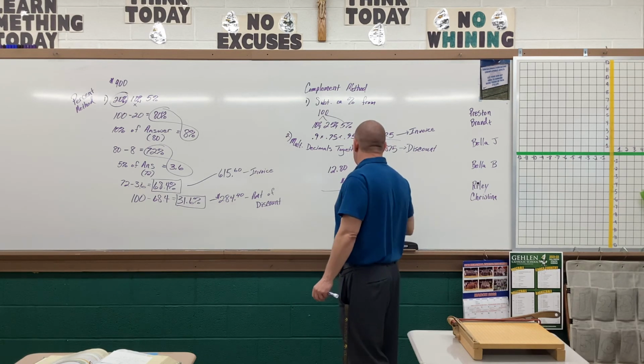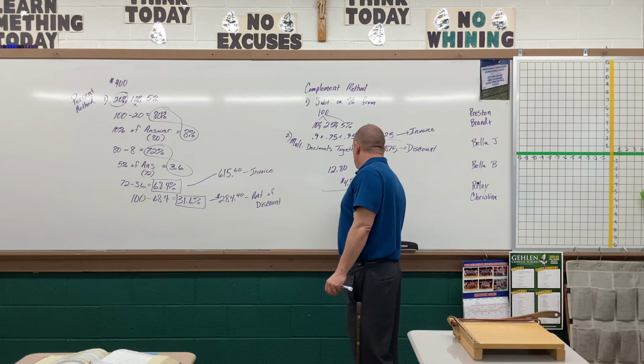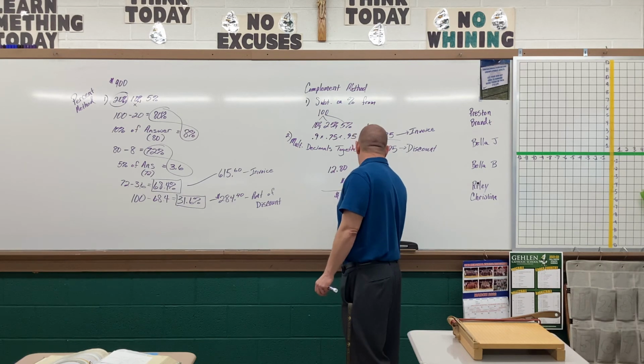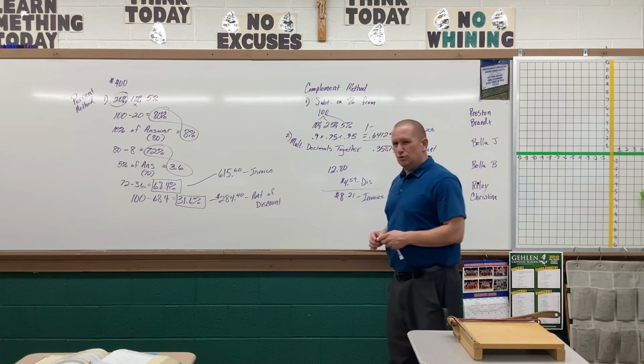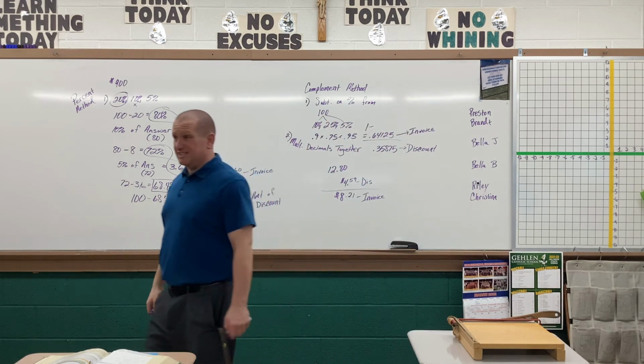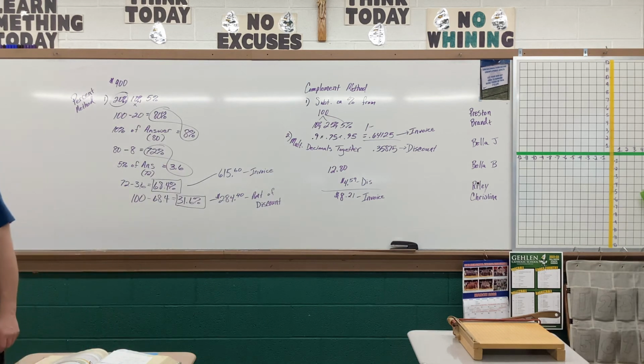So what's my price that I have to pay? $8.21 would be my invoice price. Okay? So once you get this discount, you just subtract the two, but there's a couple different ways to get to that discount. All right?